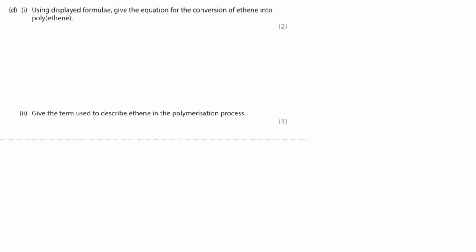Using displayed formula, give the equation for the conversion of ethene into polyethylene. That one I'll just explain. This is how we convert ethene into polyethylene. So ethene molecules are like this. These are ethene molecules.